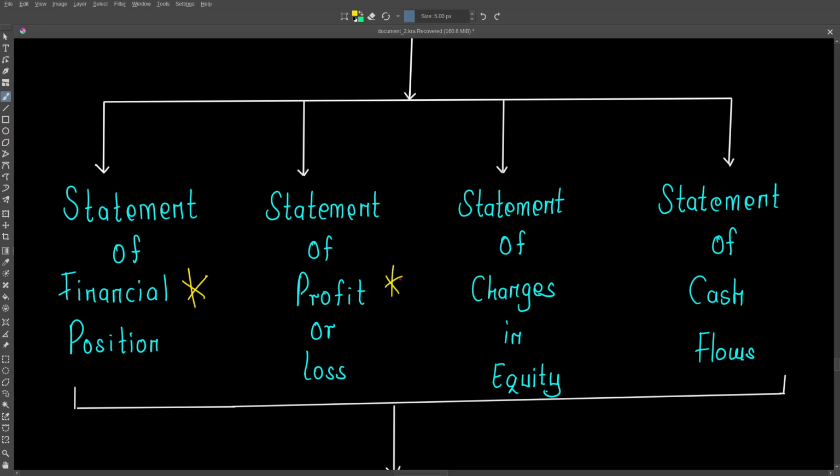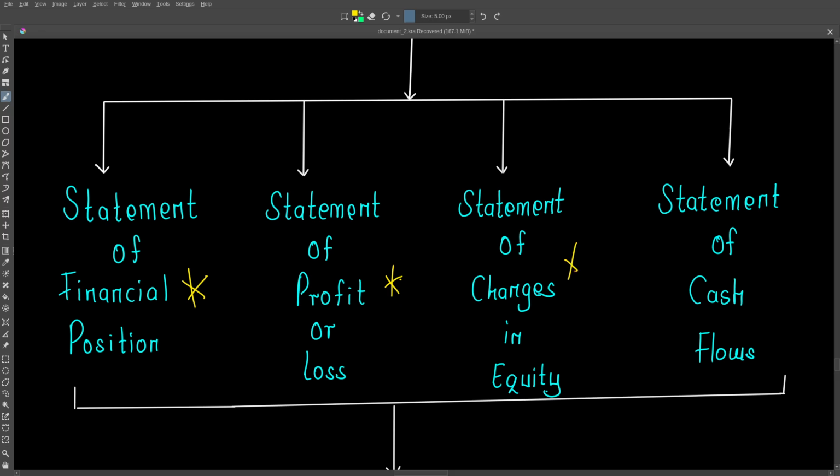Then we have the statement of profit or loss, which shows the revenue that business has earned during a certain period. We less the expenses they have also incurred during that period in generating the revenue. Then we are able to see if that business made profit or loss, okay?